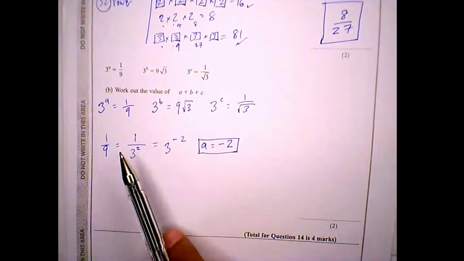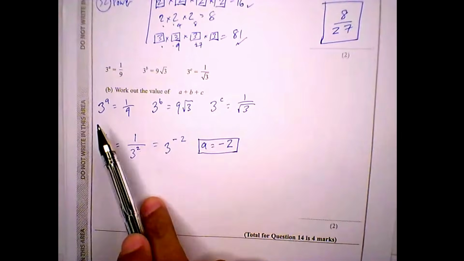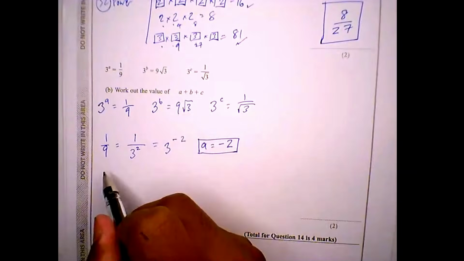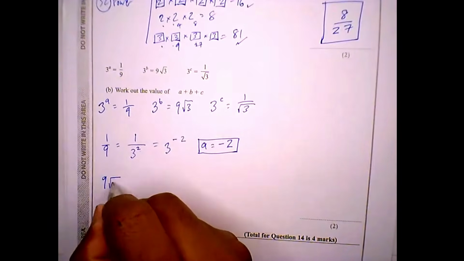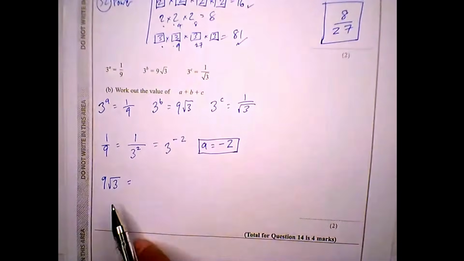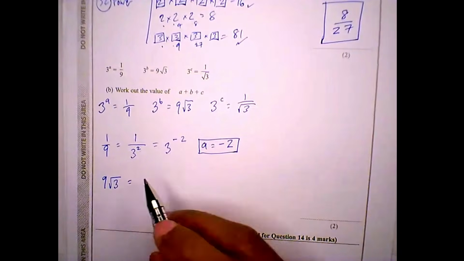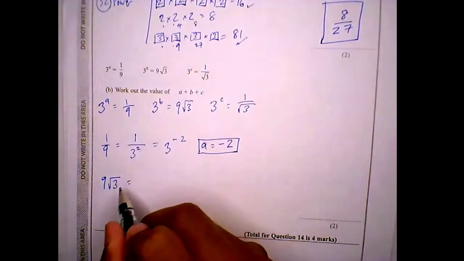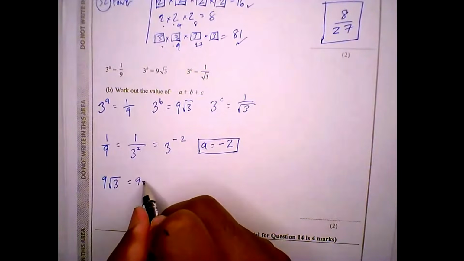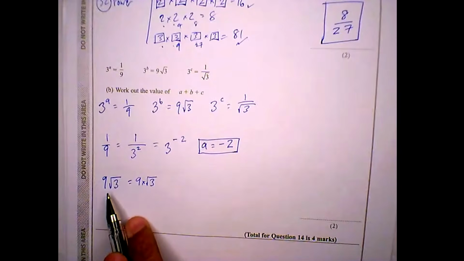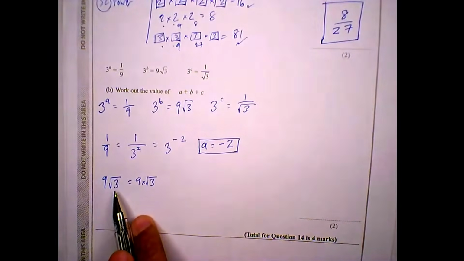And now hopefully you can use this similar pattern for b. So I'm going to write 9 root 3. Okay, so in terms of 3's, so first of all, 9 root 3 is the same as 9 times root 3. Like x, imagine if it was x, 9 times x, but here we've got a 3.